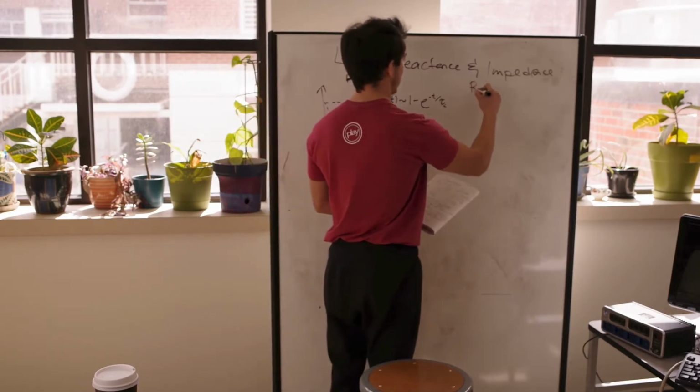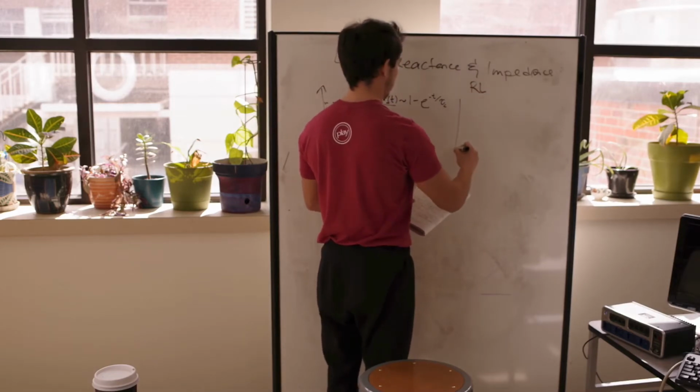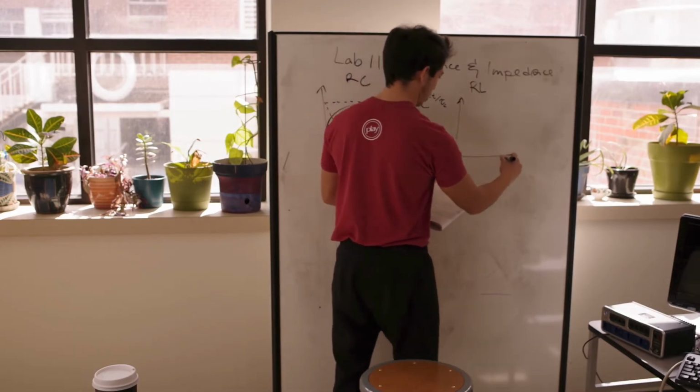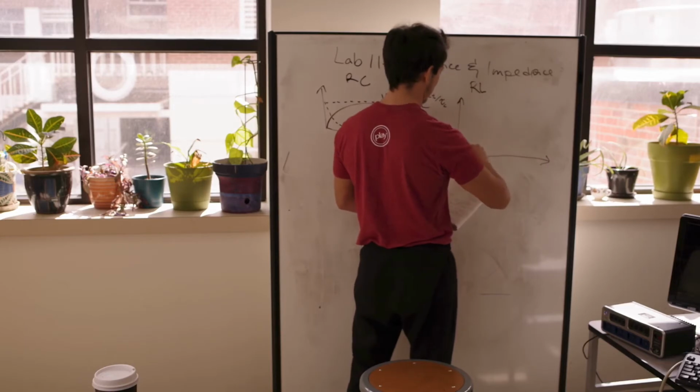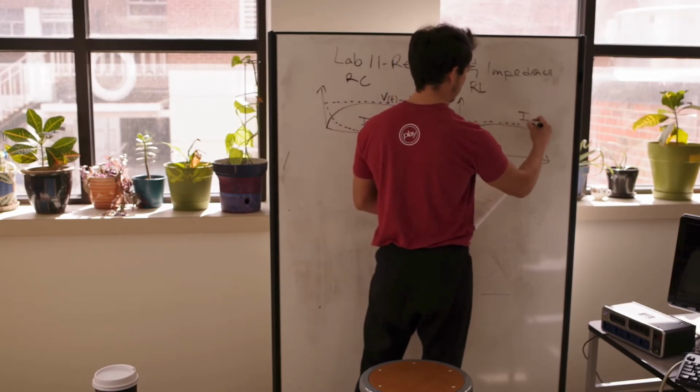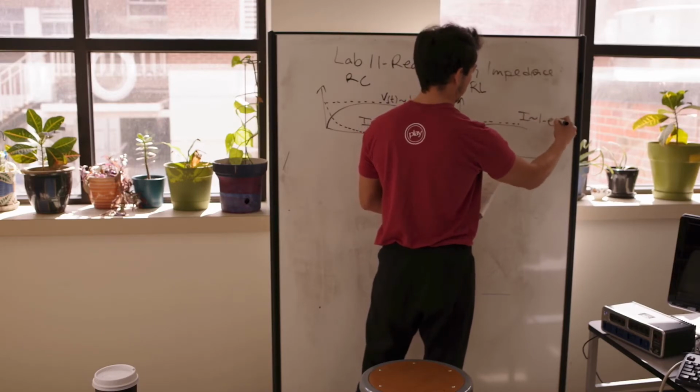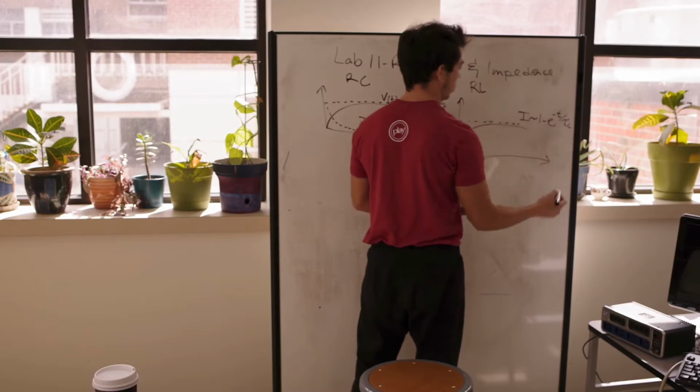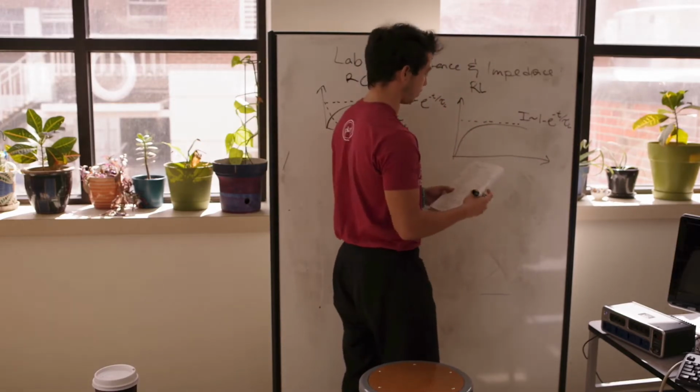In the RL circuits, we saw sort of the inverse behavior. The current is saturating, so I is proportional to 1 minus e to the negative t over tau L, which is an inductive time constant.